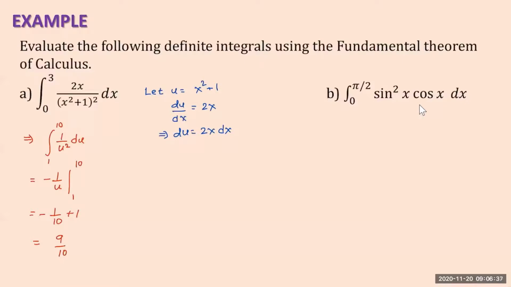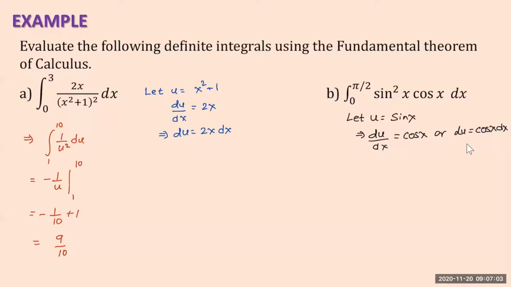So in this case, u is equal to sine x. So let me do that here. Let u equal to sine x. This implies du over dx equal to cosine x, or we can write du equal to cosine x dx.